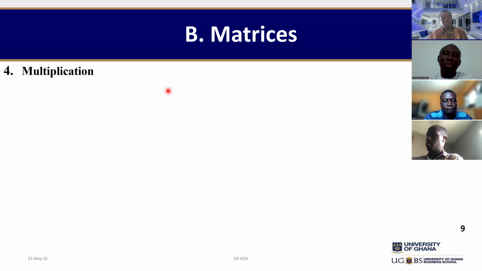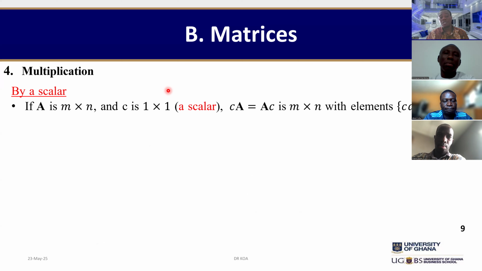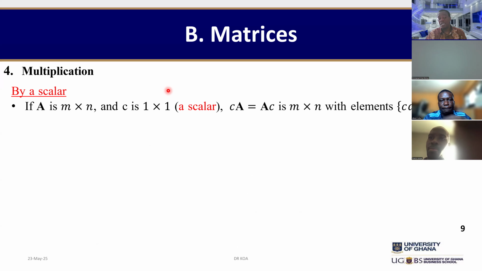Let's look at multiplication of a matrix. You now understand today what a scalar is. You now understand what a matrix is. You also understand what a vector is. Now, if A is an m by n matrix, and you have a C, which is a scalar, a 1 by 1 scalar, then when you multiply the scalar C by the matrix A, you will have CA.